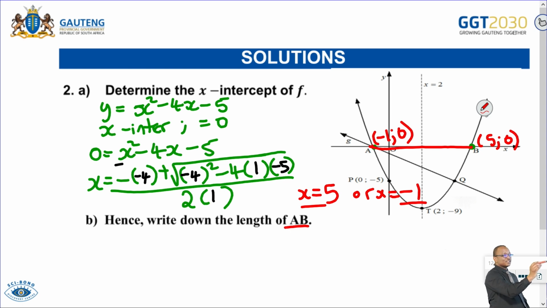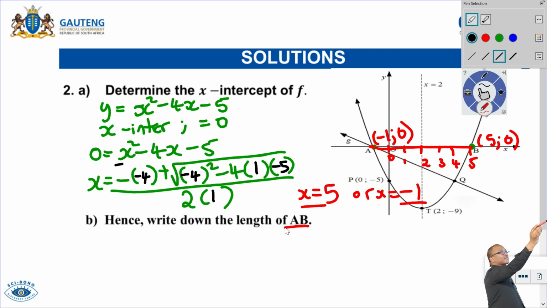If this is -1, you're going to have 0, 1, 2, 3, 4, and 5. So let's count the units. From A, -1, we have 1, 2, 3, 4, 5, 6.